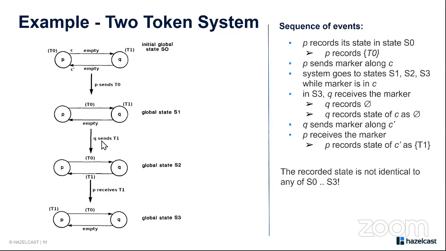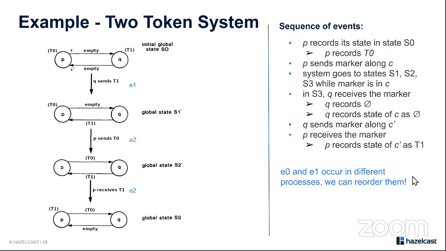These two processes are independent. The channels they have are independent. So what we will do, we will mark these events, event 0, event 1, event 2. So event 0 is P sending T0, E1 is Q sending T1, and so on. And we can note that E0 and E1 occur in different processes. So we can reorder them in our fictional analysis.